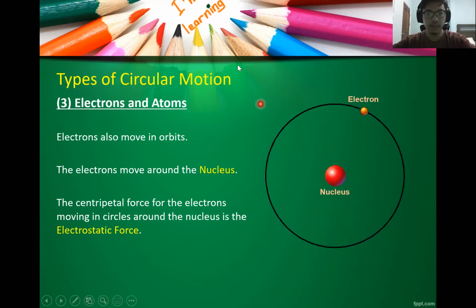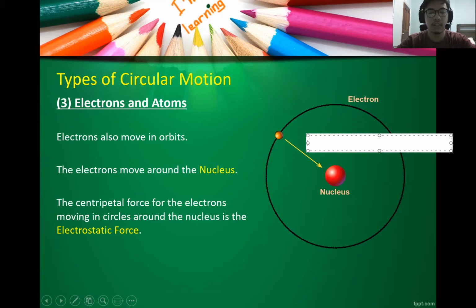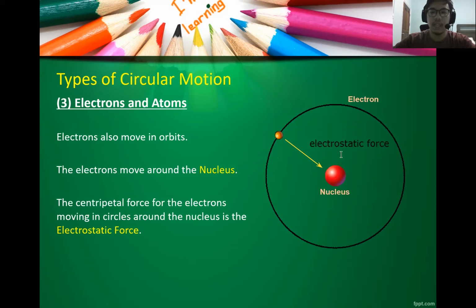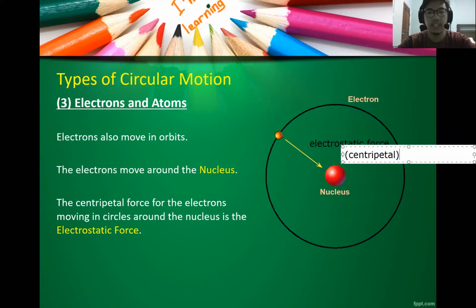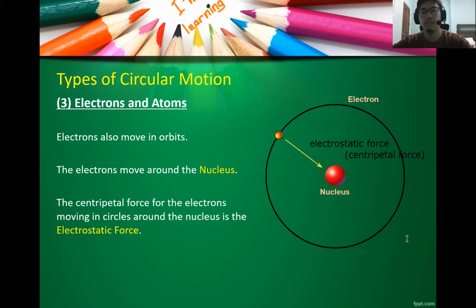So if I were to draw, what does the force look like here? So that's the electron, and the force will be something like that. Okay, the force is pointing towards the center. And in this case, this is the electrostatic force, and this is the centripetal force for this circular motion.